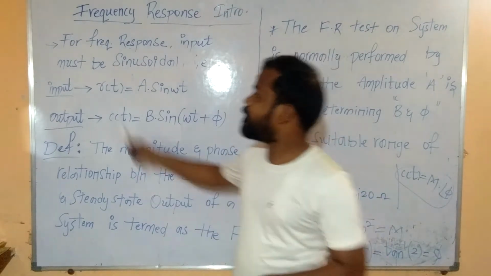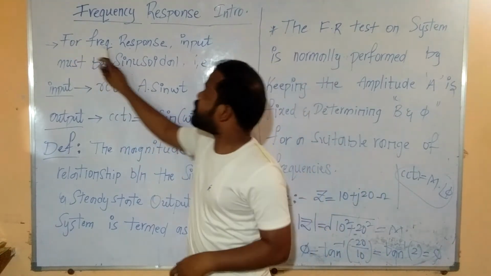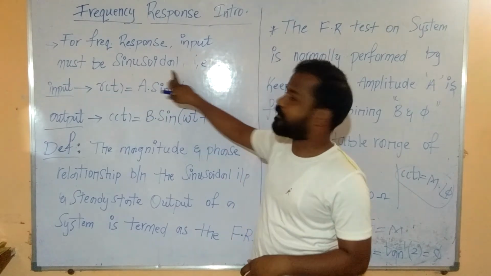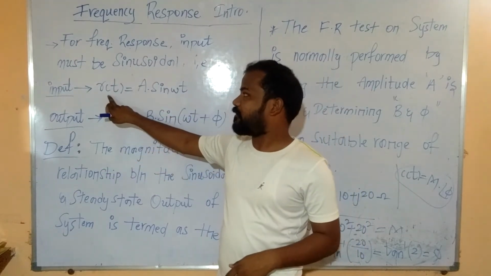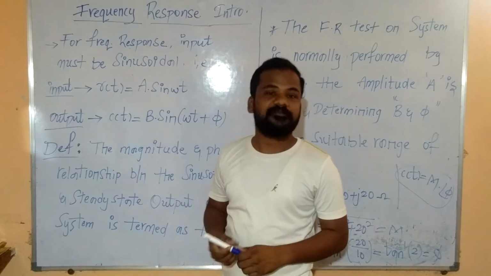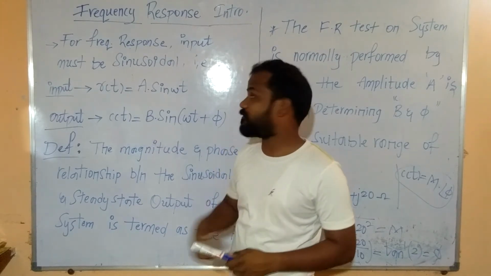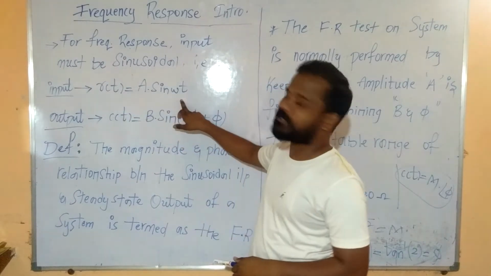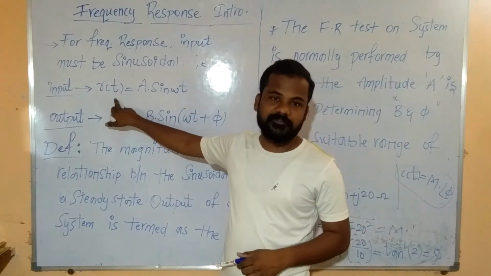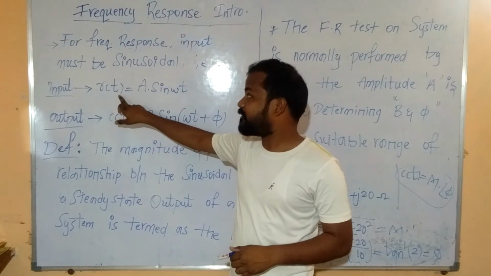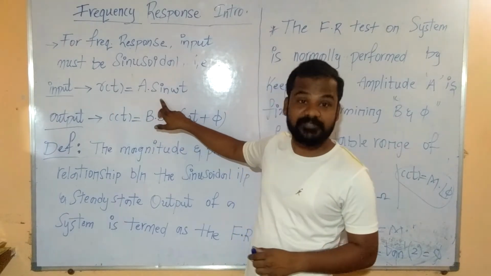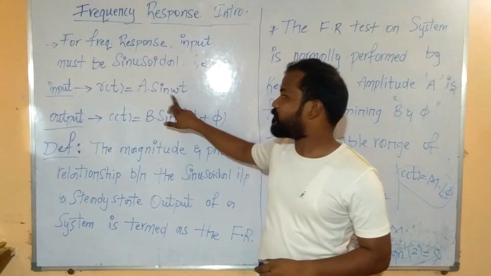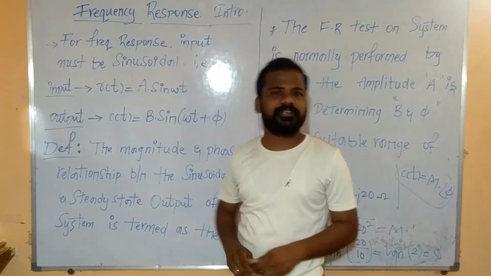For example, the input sinusoidal function is in the form r of t is equal to A into sine omega t. So r of t is the input we are applying to the system, and this function is always in terms of sinusoidal, that's why A into sine omega t. So this is the sinusoidal input.